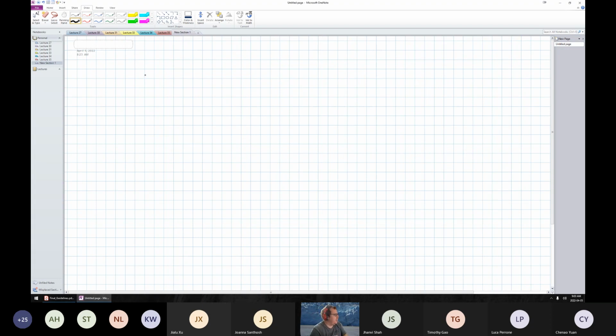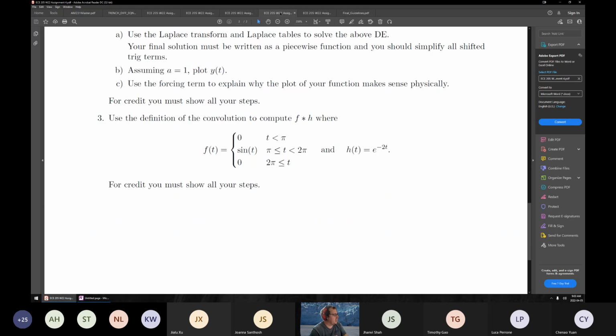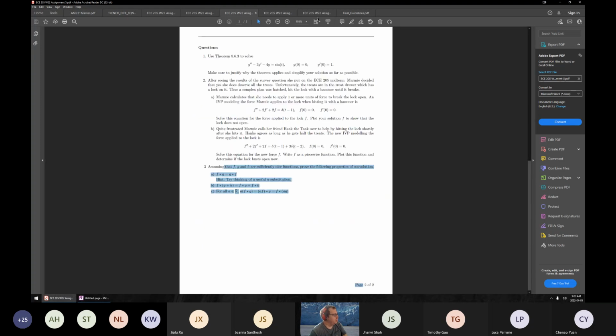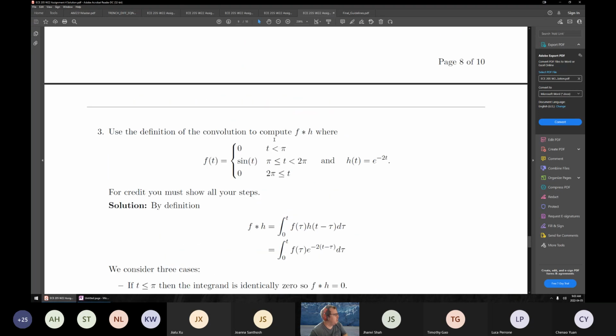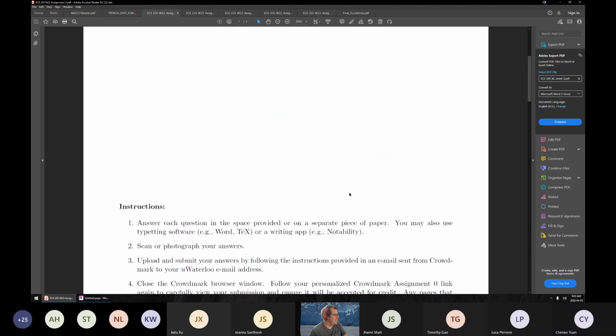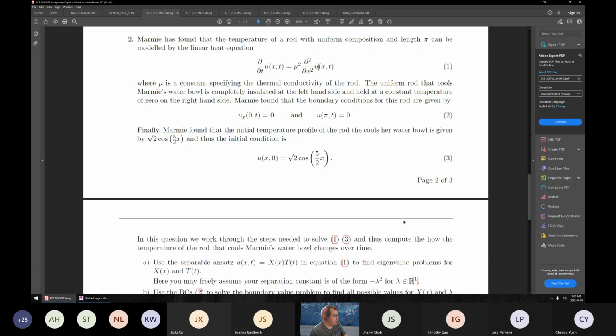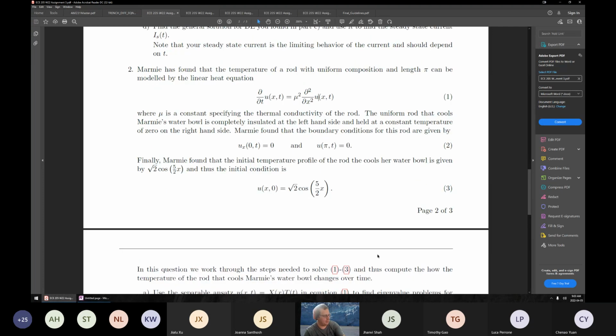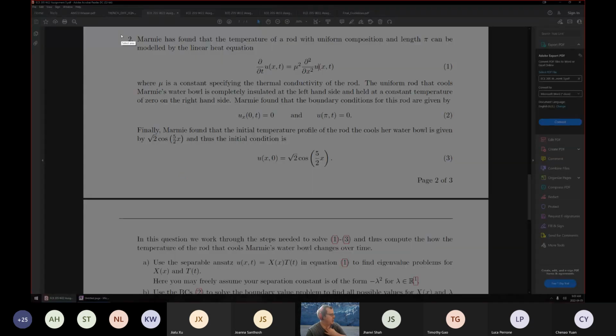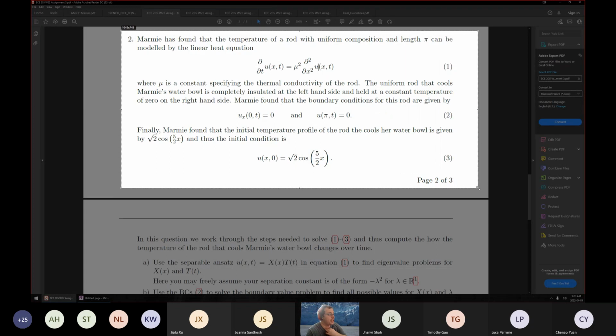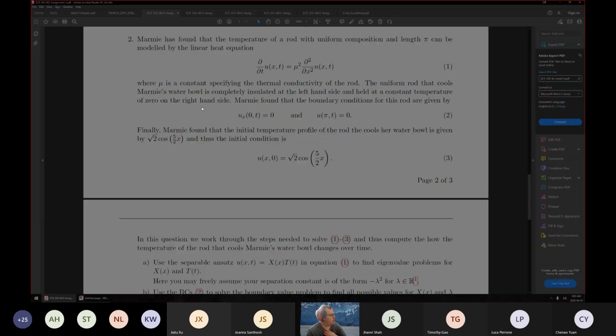What if I give you, I could come up with a random one, or I can just grab from the homework assignment. Yeah, this one. So I will grab this one from the homework assignment and I will solve it. I'm going to change the initial condition though, so I won't copy all of that.